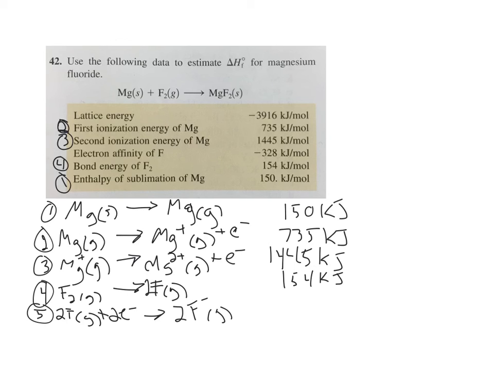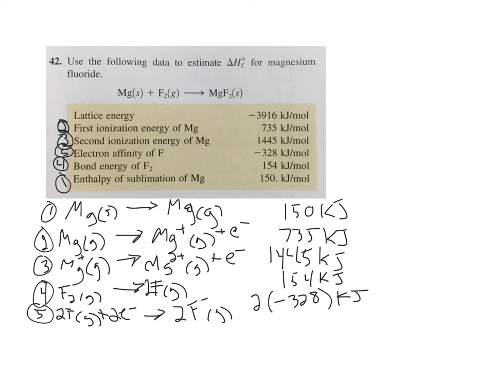And that is electron affinity. How much energy is released when you gain an electron? And that's negative 328. But because we did it twice, it's 2 times negative 328.